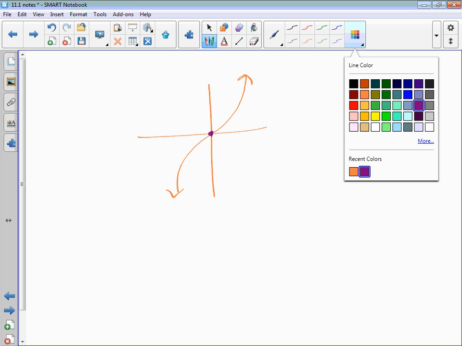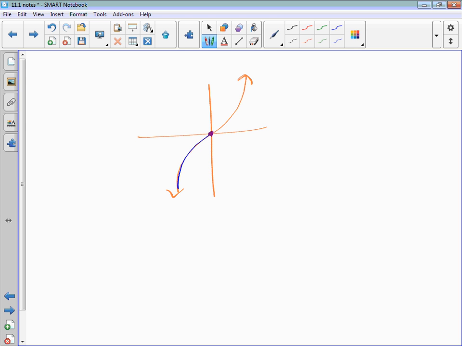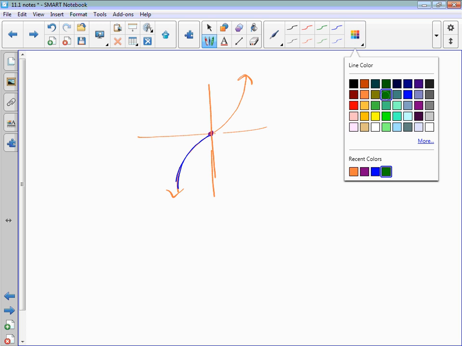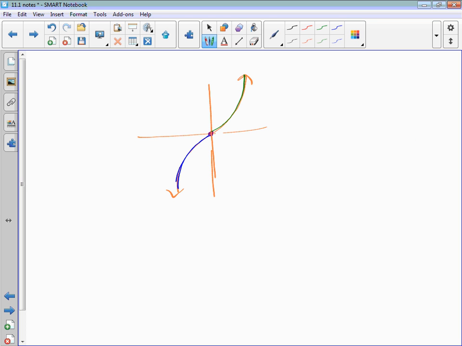And then this part of the graph, do you see how if I continued this as a parabola, it would look like that? That would be concave down. So that side is concave down. What do you think about this side? You see how that's concave up?